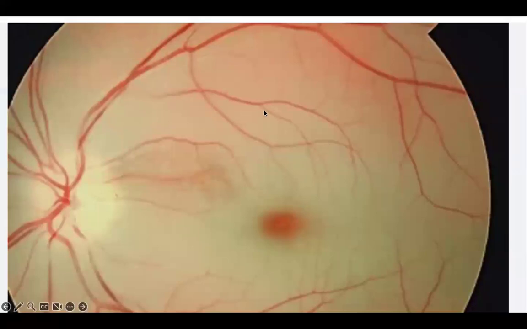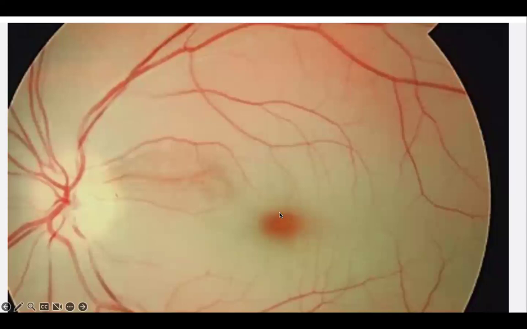And this is a typical appearance of the retina in central retinal artery occlusion. So this spot at the center, reddish spot, is called the cherry red spot. It's very famous. The surrounding retina is pale, edematous, and thickened, so it blocks the transmission of red color from the choroid.